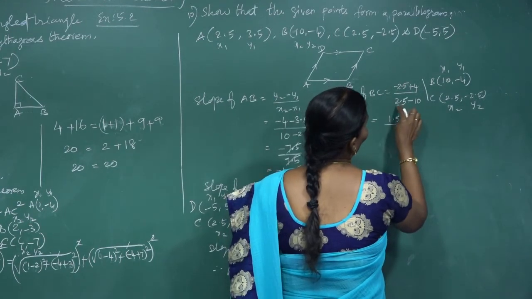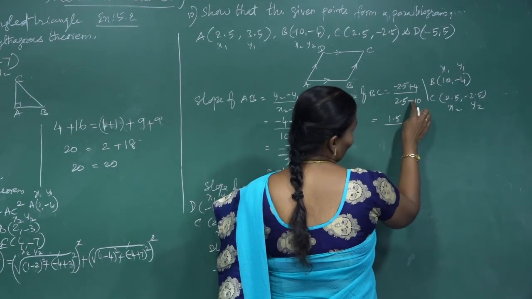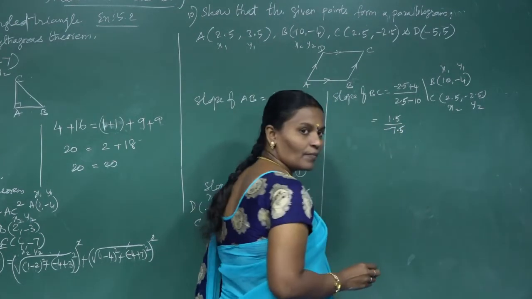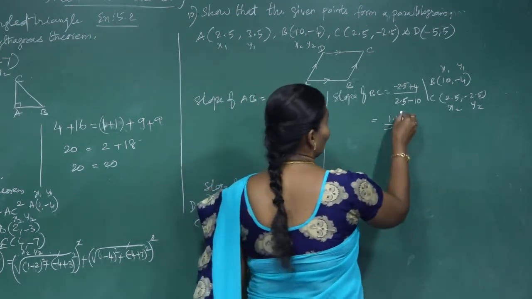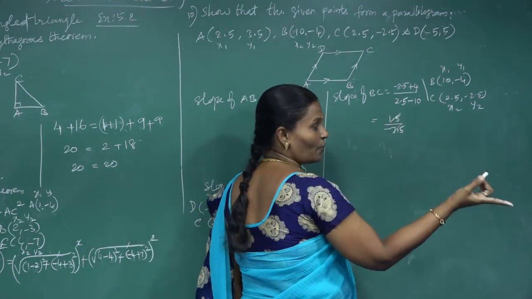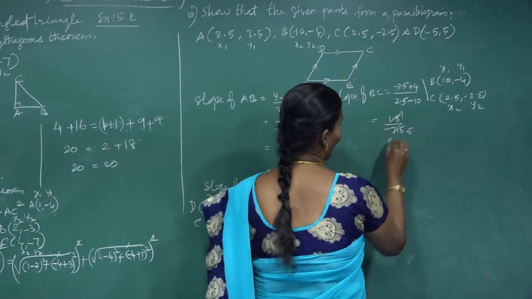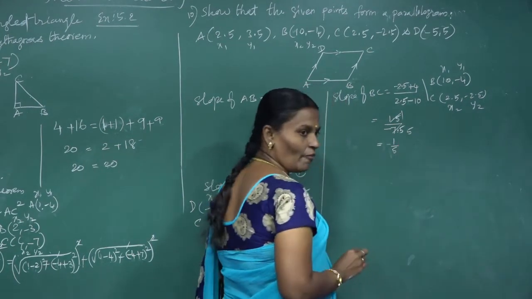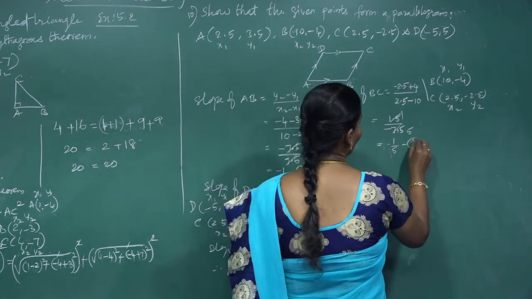Then 2.5 minus 10 is the biggest number, sign is minus, so minus 7.5. Now cancel with the 1.5: 1.5 fives are 7.5. So here 1, here 5. The slope of BC is minus 1 by 5. You consider this equation number 3.